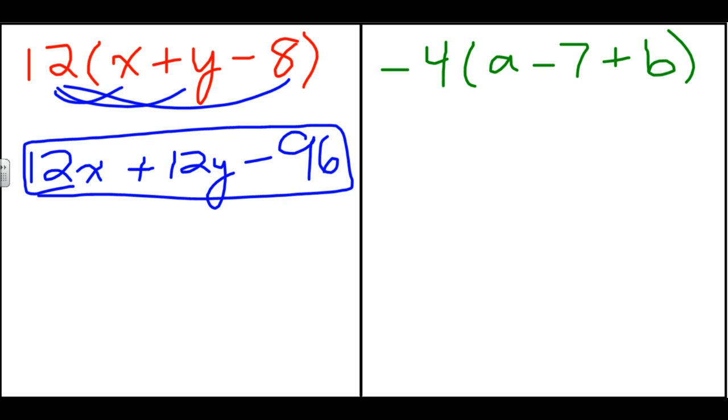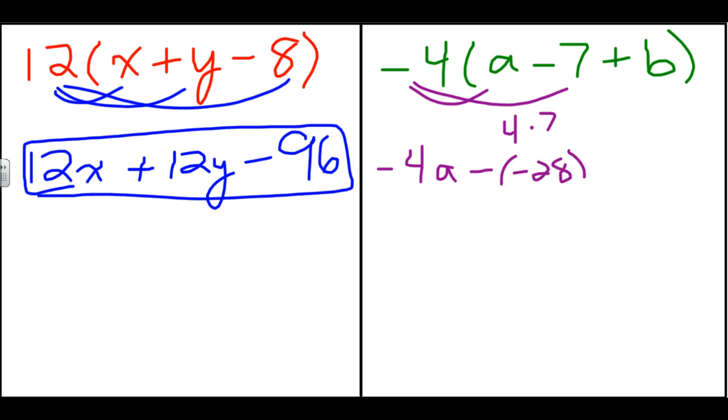And finally, for the last one, we have negative 4 times a minus negative 4 times 7, which is negative 28, plus negative 4 times b. Now remember that anytime we have minus a negative, we are going to make that plus a positive by using the subtraction rules for add the opposite, the ones that we remember with the trick KCC.